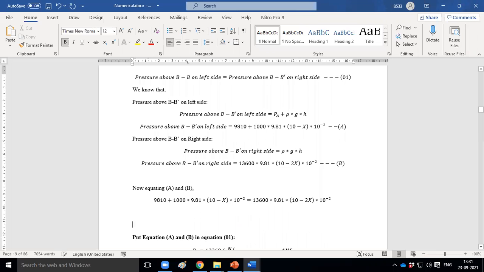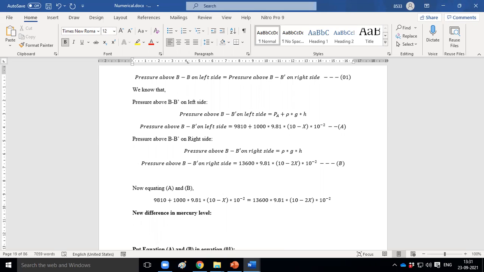That x is the amount by which the mercury level goes up and goes down on the left side and right side respectively. Then we need to find the new difference in mercury level. And that new difference in mercury level is represented by which term?